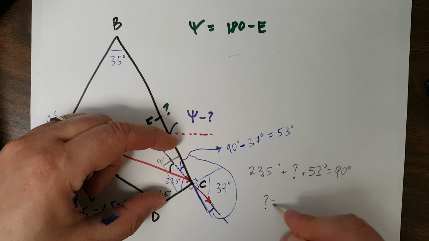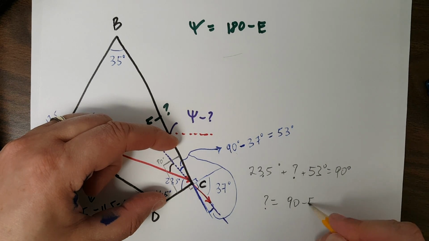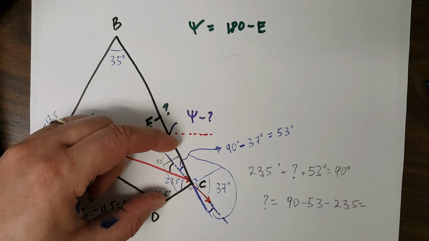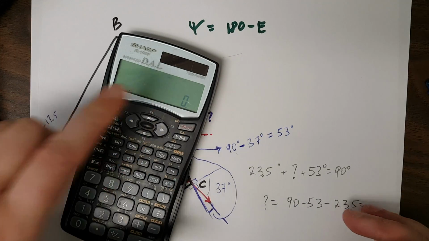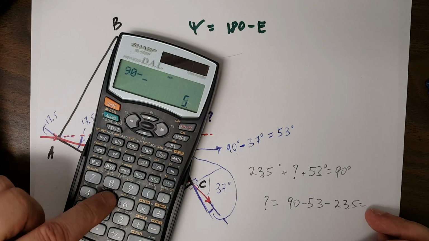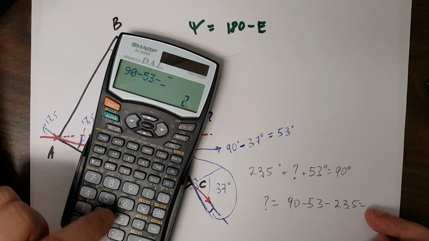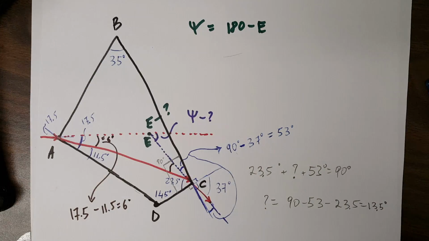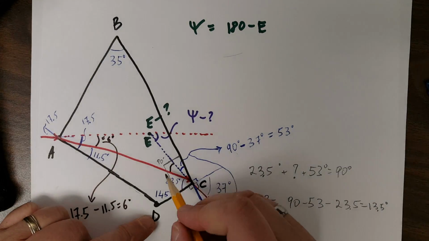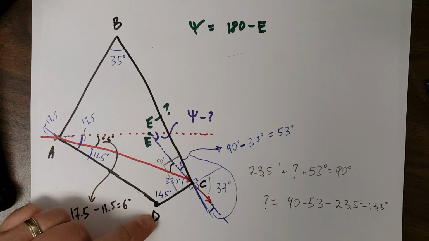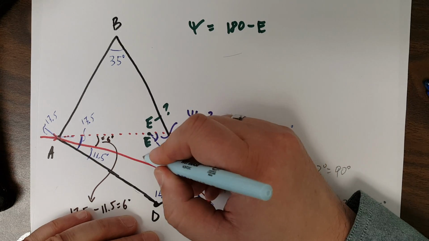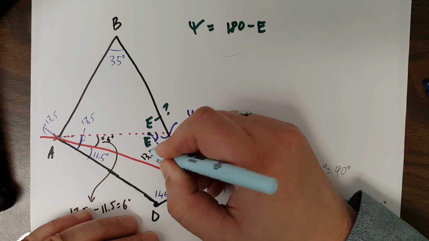So the question mark will be equal to 90 minus 53 minus 23.5, which is 13.5 degrees. All right? So this angle is equal to 13.5.